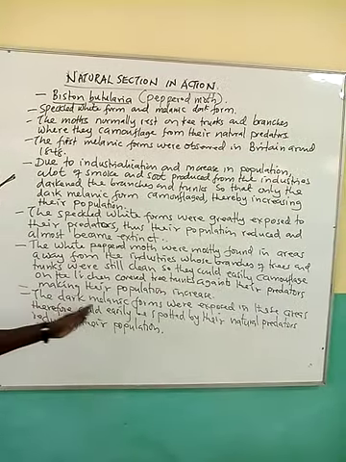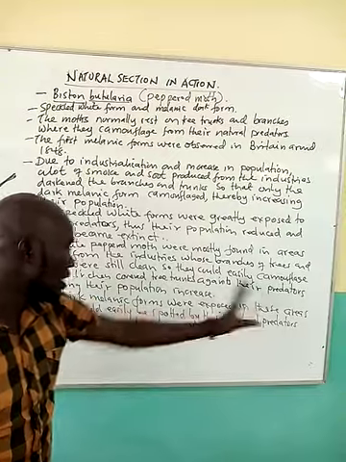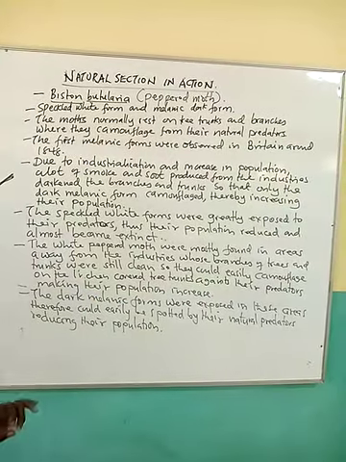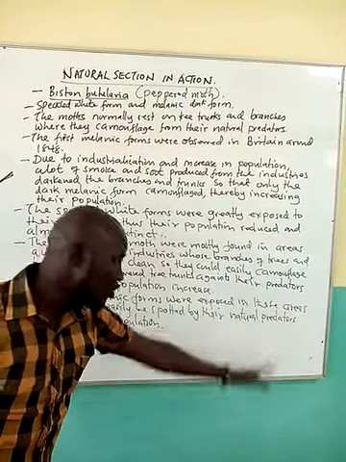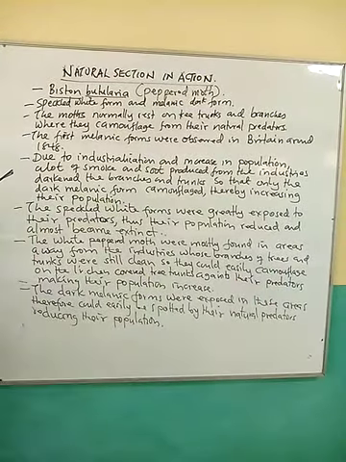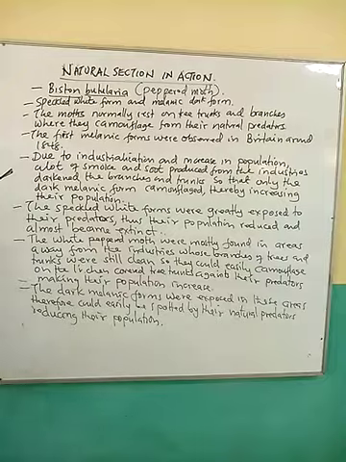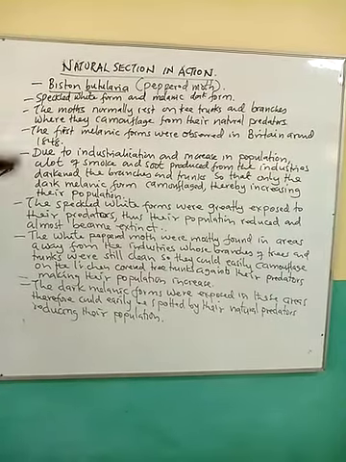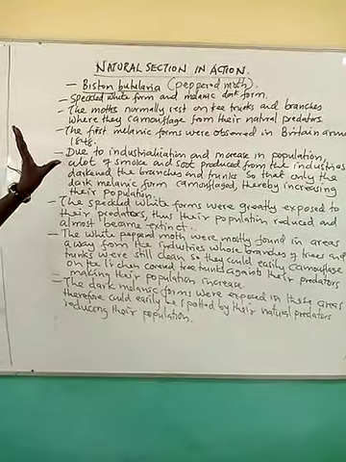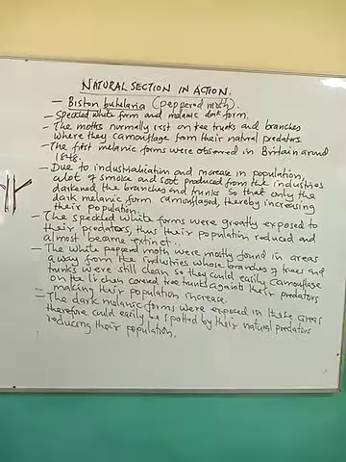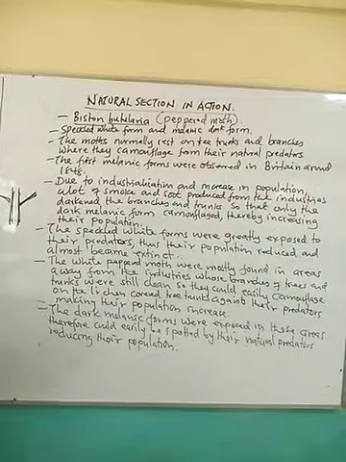So we say that the dark melanic forms were exposed in these areas. Those are the areas that were away from industries, therefore could easily be spotted by their natural predators, reducing their populations. So maybe just to paraphrase again what I've just talked about, we are talking about natural selection using Biston butillaria, and Biston butillaria is the peppered moth.